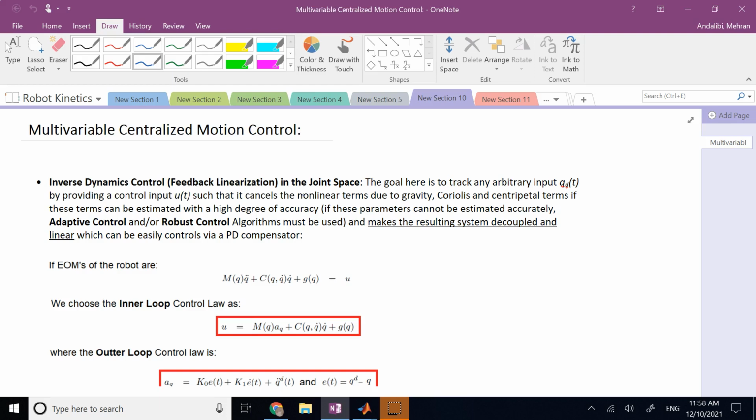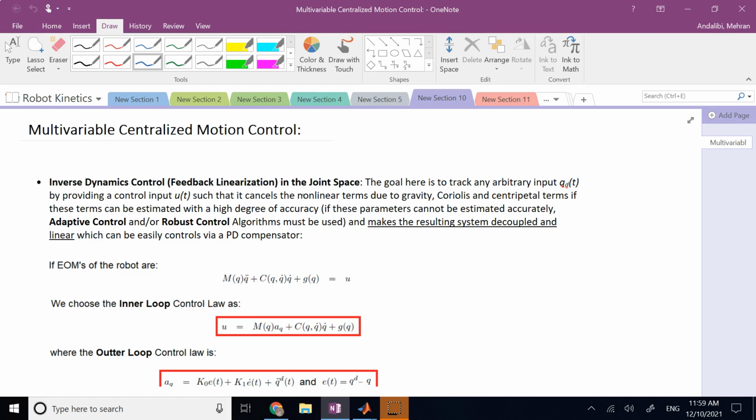Now, there are some topics under the field of controls, adaptive control and robust control, that show themselves when the parameters of the system cannot be estimated accurately, or are not known to a very high degree of accuracy. When we say mass of link 1, mass of link 2, length of link 1 and 2, and so on, we are always assuming we know them very well.